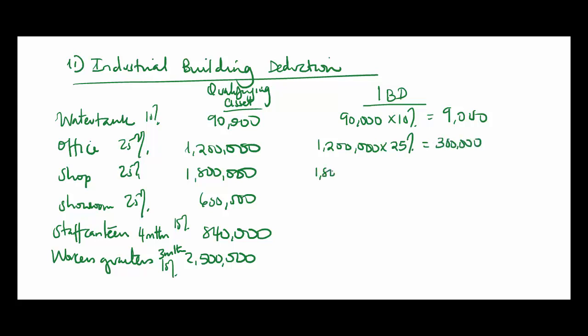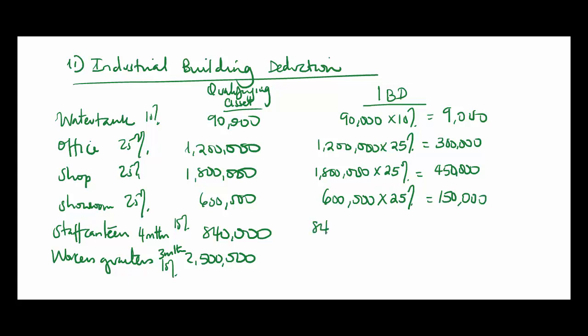For the shop, 1.8 million times 25%, which gives you 450,000. For the showroom, 600,000 times 25%, which gives you 150,000. For the staff canteen, 840,000 times 10% times 4/12, which gives you 28,000.